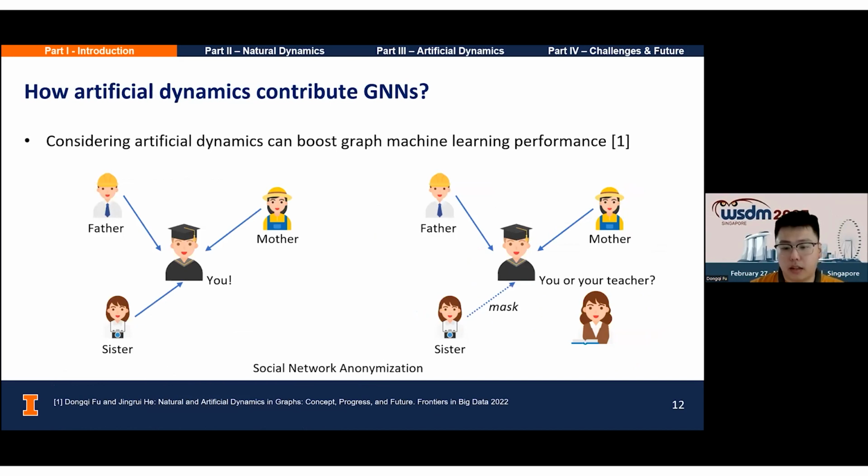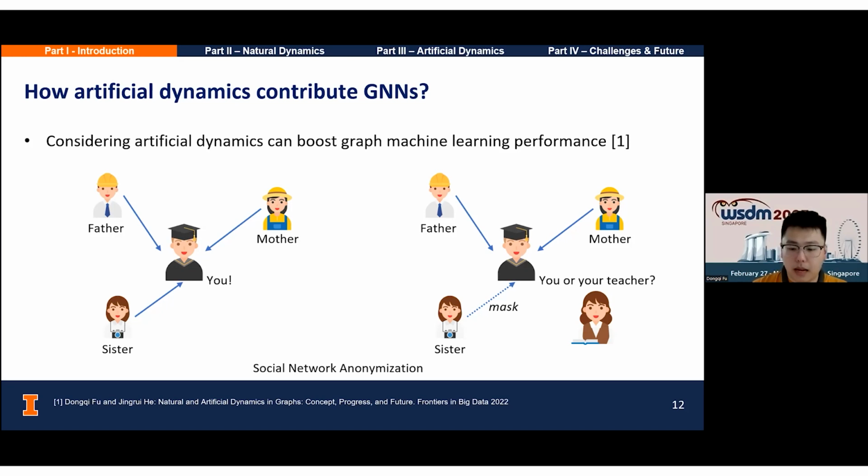Next, let's figure out why we need to pay attention to artificial dynamics in graph-based research. Let's first check out the following toy example of social network anonymization. Given the left-hand side connections, an attacker may easily identify your identity, since a person connected to father, mother, and sister is highly likely to be you.